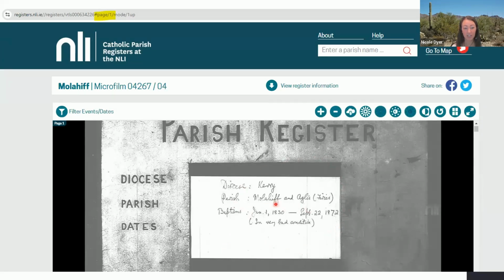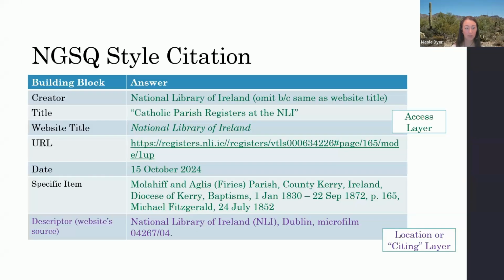It tells us the name of the parish and the diocese, that it's baptisms, and the dates that it includes. So this is kind of like the book information. What is this register about? So we include that in our specific item information.